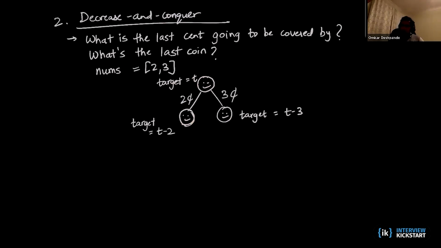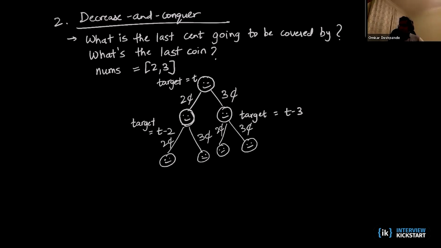Now, because my subordinates are lazy, they're going to be doing the same thing. So they will ask what's the last coin that can make up a target amount of t minus 2. And so there could be a 2-cent option and a 3-cent option. Likewise, here there could be a 2-cent option and a 3-cent option.